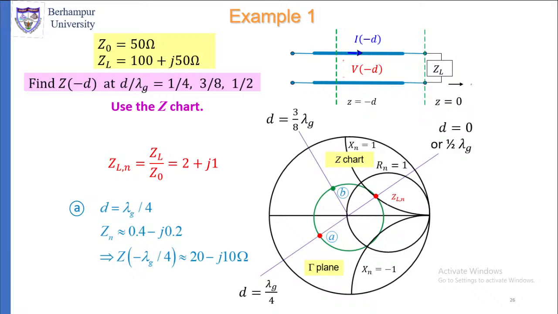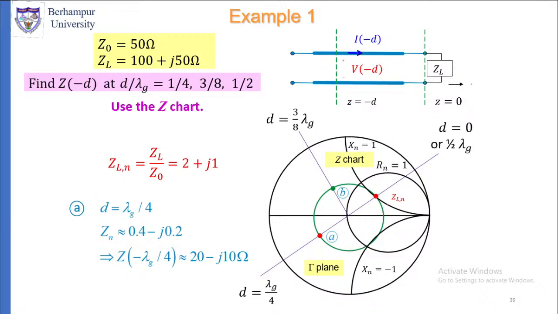Here the characteristic impedance is 50 ohm and the impedance of the load is 100 plus j50 ohm. So the first thing is to find ZLN. ZLN is equal to ZL by Z0. So that will be 100 plus j50 ohm by 50, which is equal to 2 plus j1.